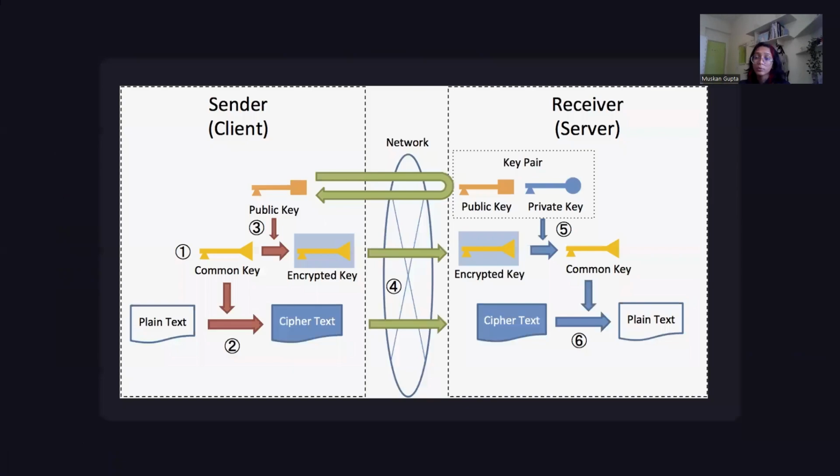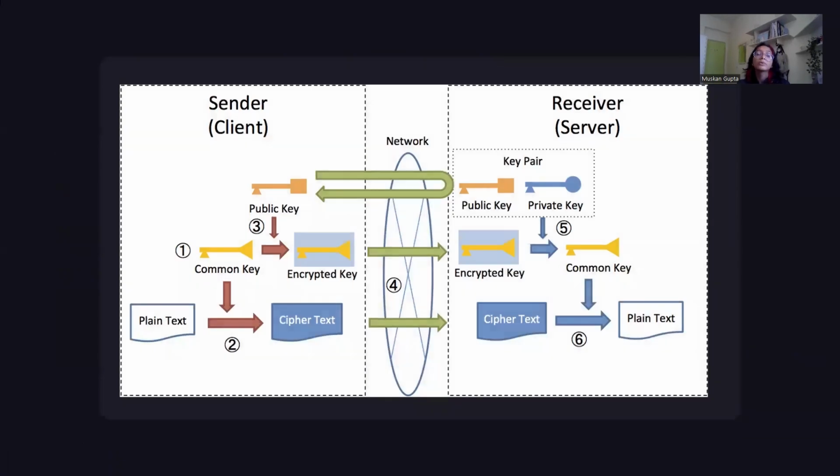Talking about the proposed approach, it uses a four-step process for file encryption and decryption. First, the file is compressed and encrypted using DES. Second, the DES key is encrypted using RSA.